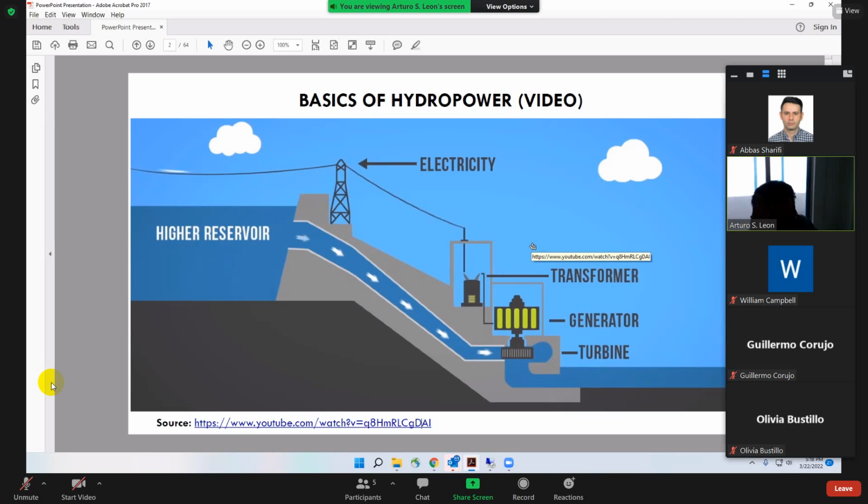Now, if there is no wind, or if the production of power due to sun and wind is not enough, then at that time hydropower will kick in, and you will satisfy the demands of the population that you want to serve. So people are using hydropower as a base to handle the variability of the power due to wind, sun, and other forms.